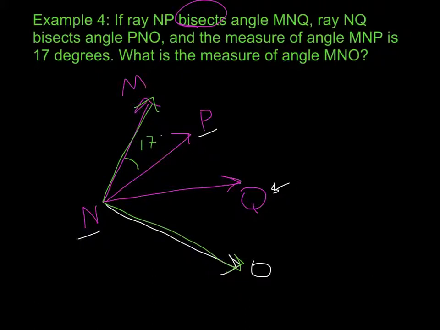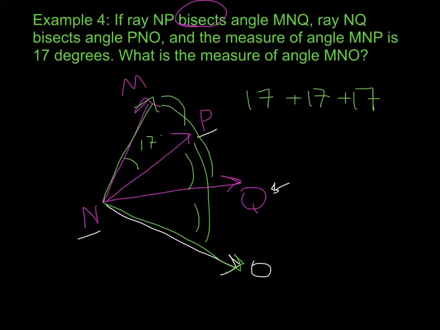Well, if this right here is half of this, then we need to do 17 plus 17. And if this is half of this, we need to add another 17 on to figure out what MNO is.